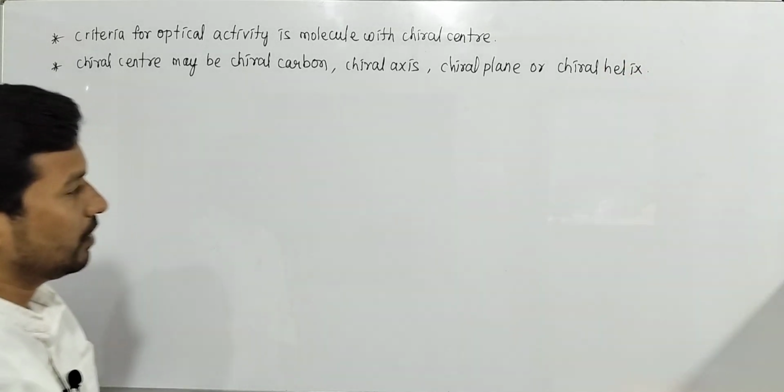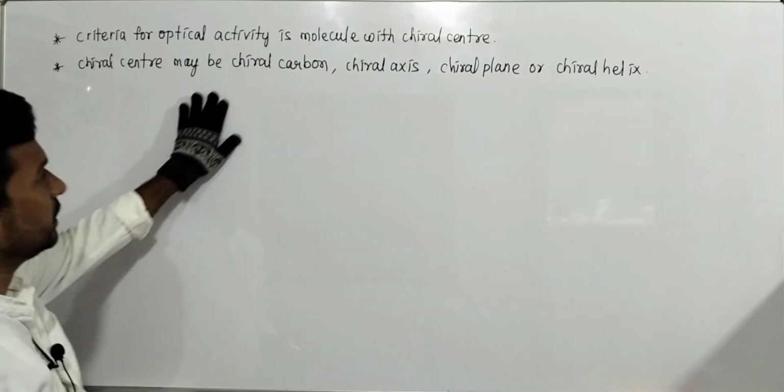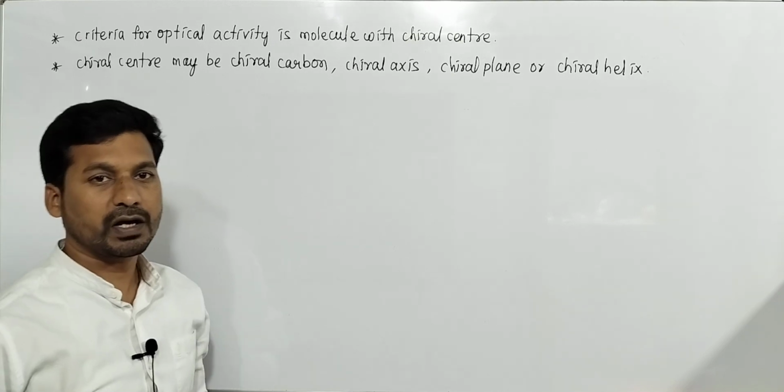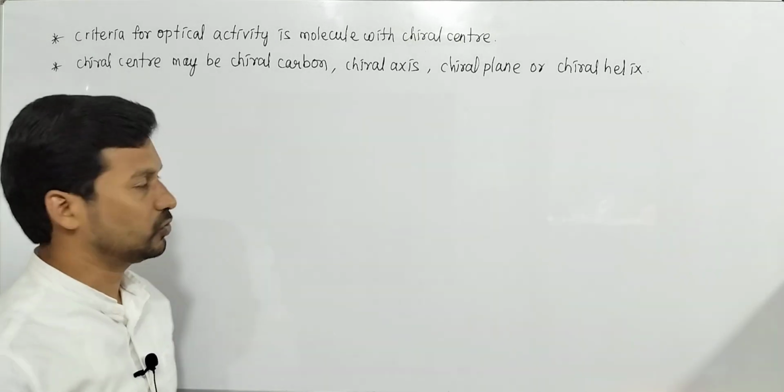All these things are said to be chiral centers. A molecule with a chiral center shows optical isomerism.